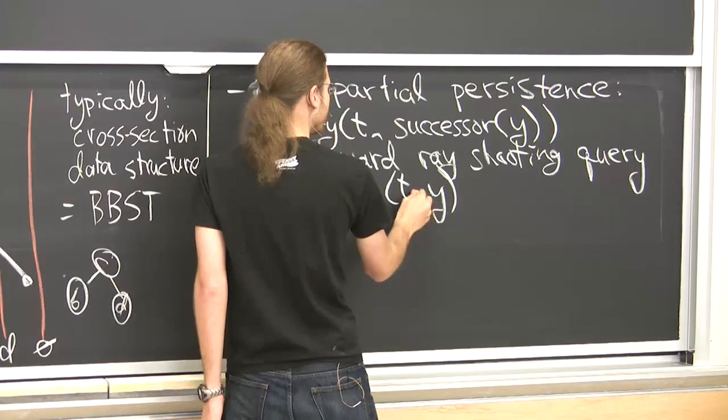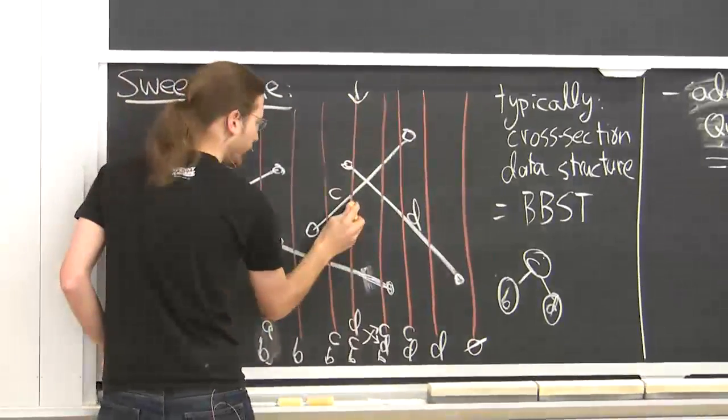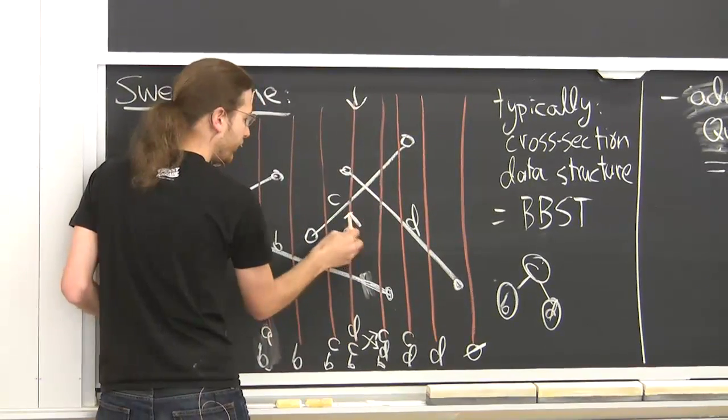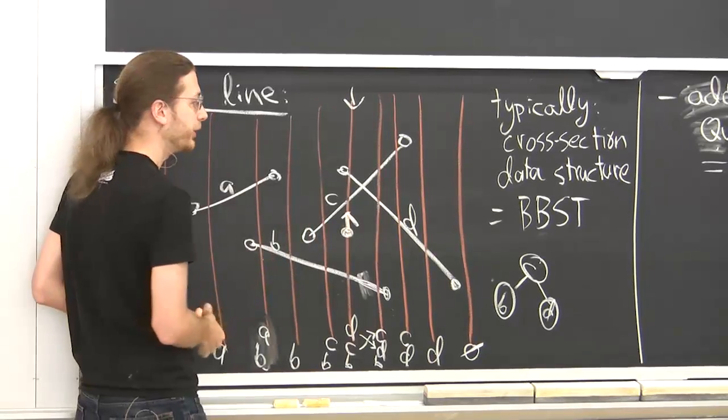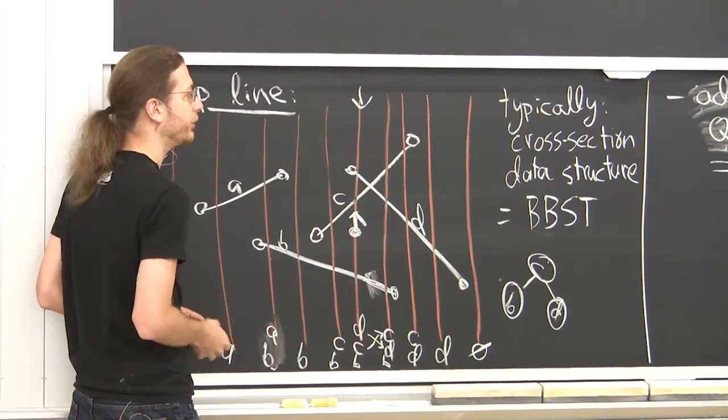So t, the time, is acting as the x coordinate. This time is left to right here. And so what's happening is we're imagining from this point shooting a ray upward and asking what is the segment that I hit first. That's an upward ray shooting query.